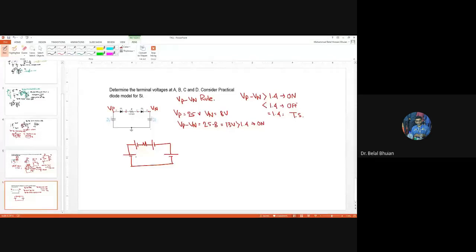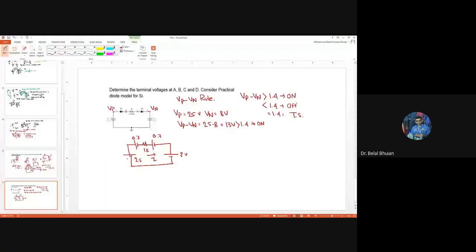Okay. So 25, 0.7, 0.7, 1K, and 8 volt. And let's say the current is I. If I can determine the current, so plus 25 minus 0.7 minus 1I minus 0.7 minus 8 equals to 0.